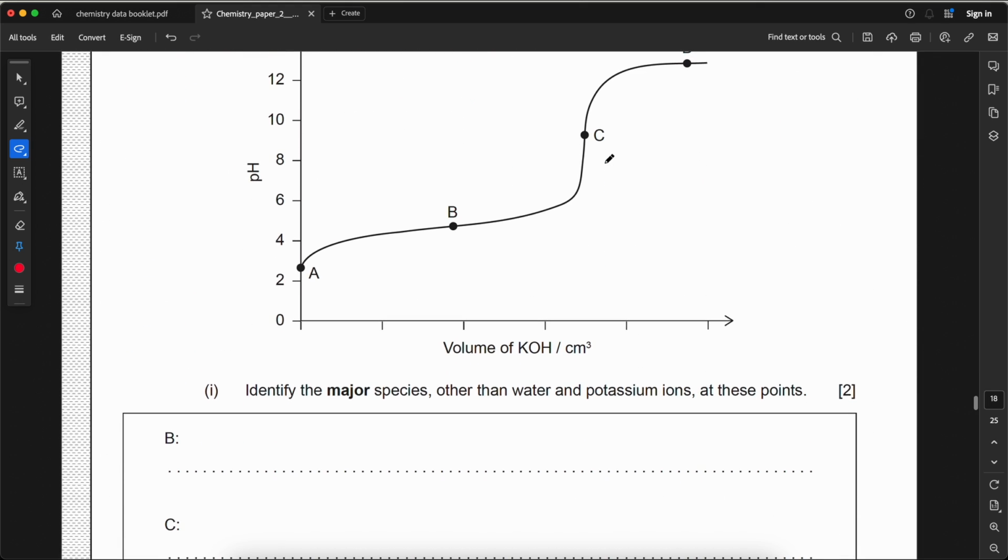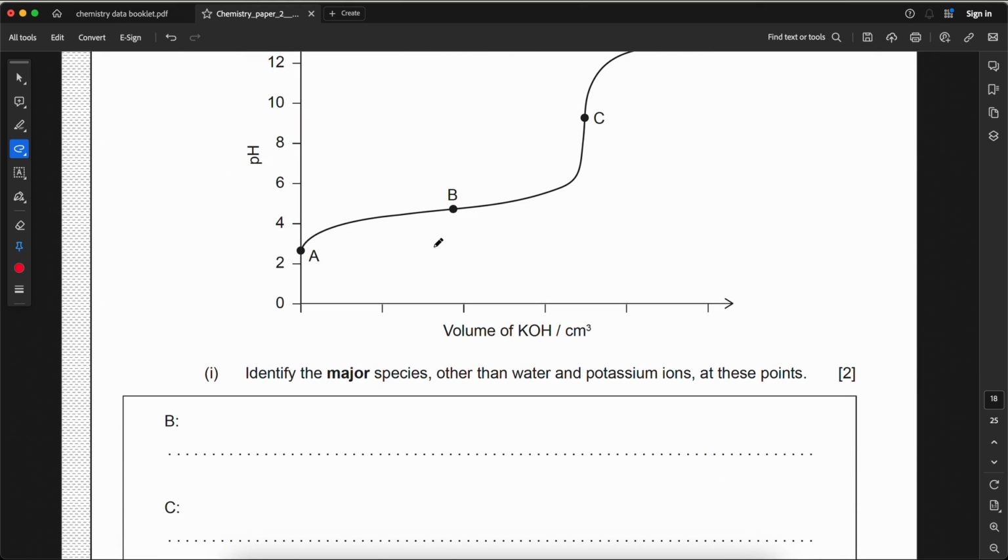Identify the major species other than water and potassium ion. That would be CH3COOH and CH3COO minus. And for C would be CH3COO minus. Here only CH3COO minus, because the titration has not started yet. And here is the half equivalence point.